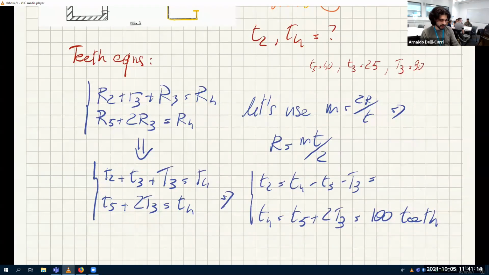And so we have 100 minus 25, 75, minus 30 is 45. Of course, they must all be integer numbers. Otherwise, it doesn't make sense. You can't have 5 teeth and a half.